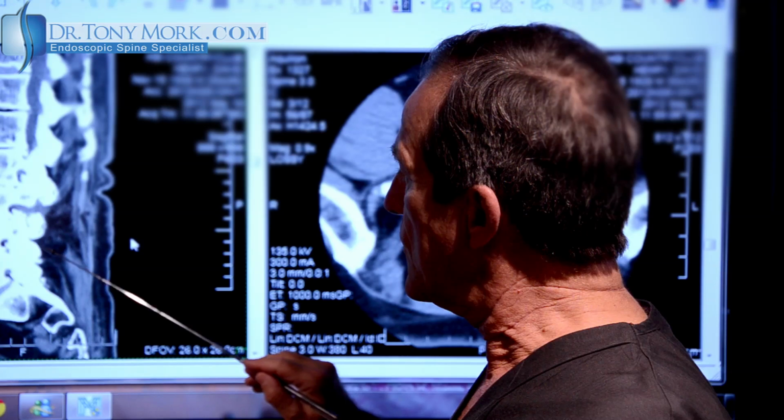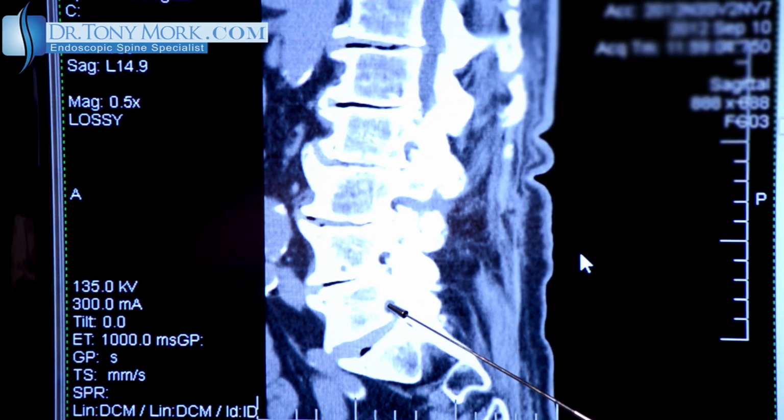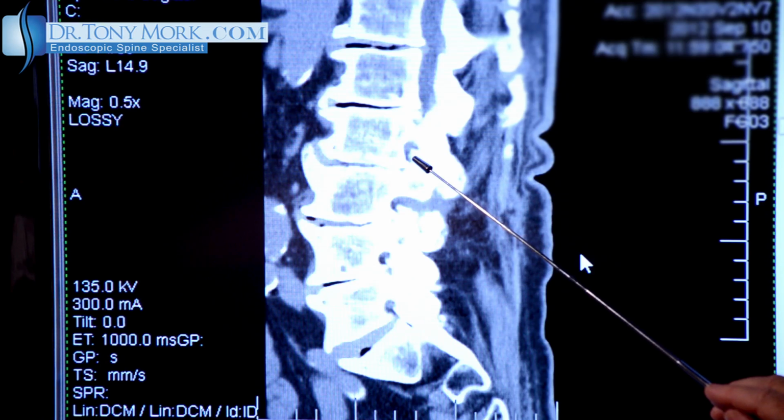I want to show you some other levels that have exactly the same problem, although in this gentleman they were not symptomatic. These are fairly small foraminal canals here, and up here we see another small foraminal canal with a spur from the facet joint sticking into it.